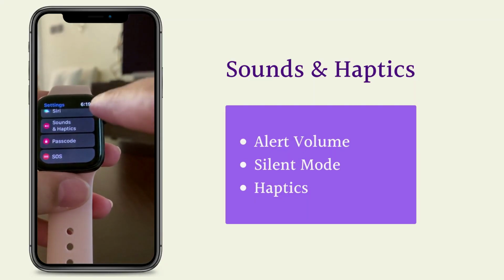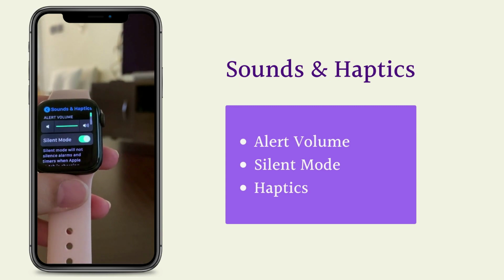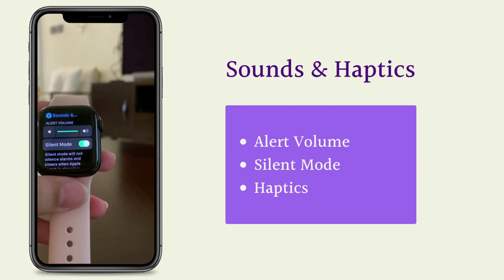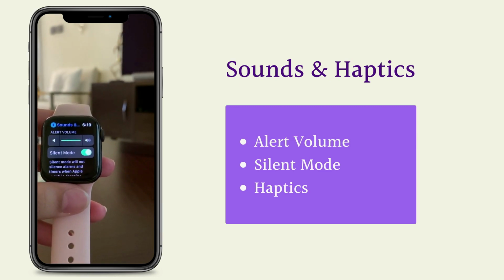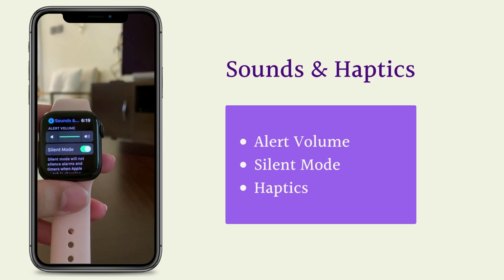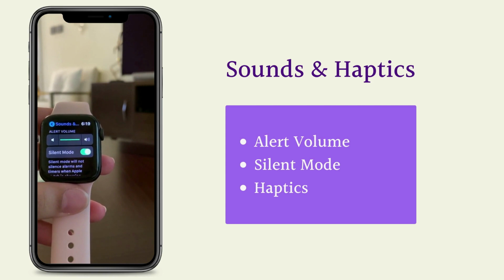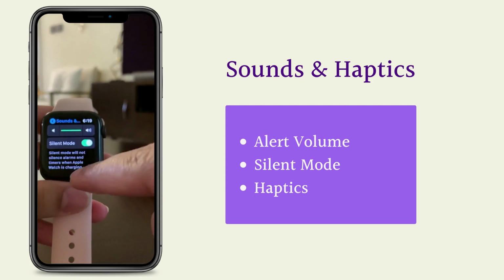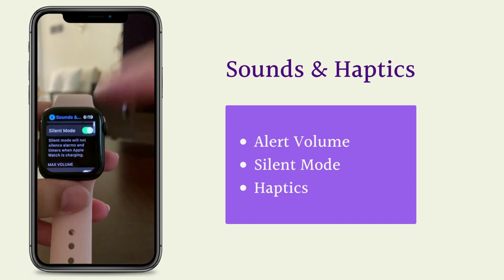Now let's check out sounds and haptics. I have got my alert volume set all the way to the top because I have the sound on and I definitely want to hear it. But like I said, I usually have it in a quiet mode. Silent mode.